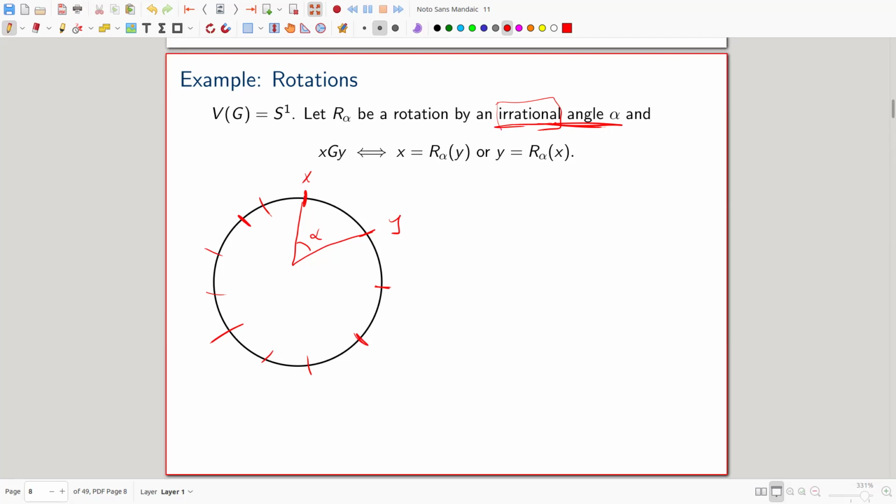This is partially why we chose it. So a connected component of this graph looks like a bi-infinite line, graph theoretically.